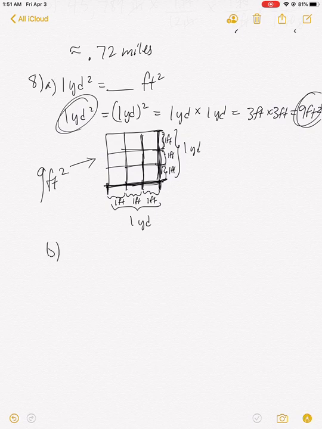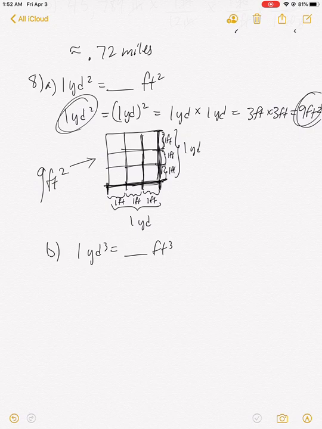Part B has us find the conversion factor between cubic yards and cubic feet. So 1 yard cubed is equal to how many feet cubed? The conversion factors for square units and cubic units are different than what you would think, because there's only 3 feet in 1 yard. With yards squared, I've put in more yards, and we have more feet squared.